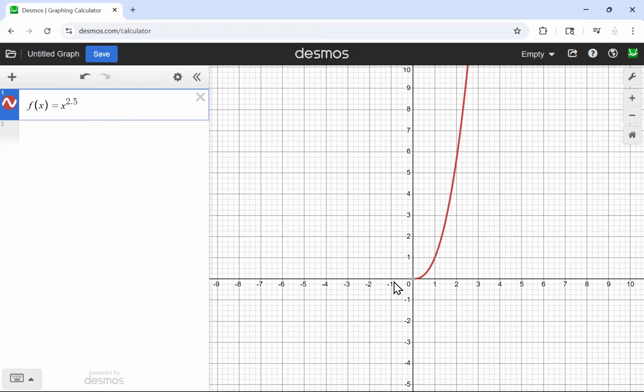Notice that we can't plug in negatives because the 0.5 is basically a square root. But if you did something like x to the 2.4, well, that does have both sides. Notice that this is kind of parabolic shaped looking.